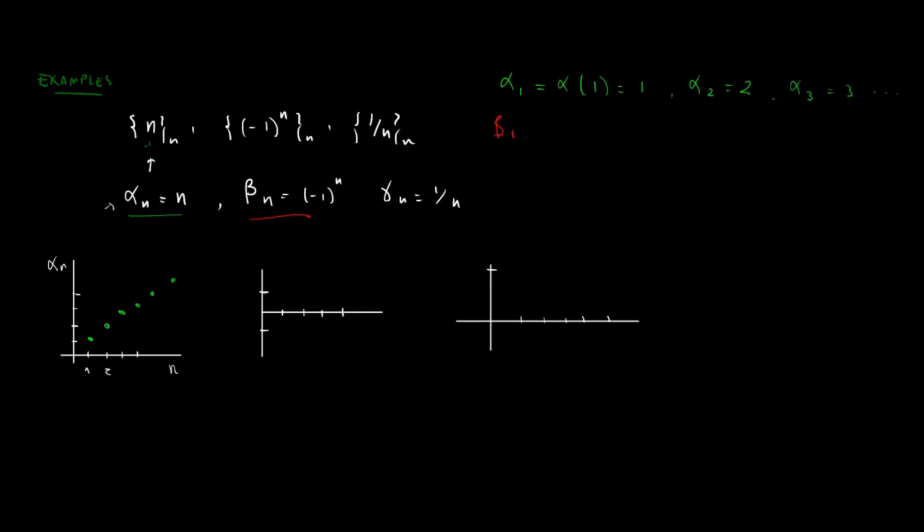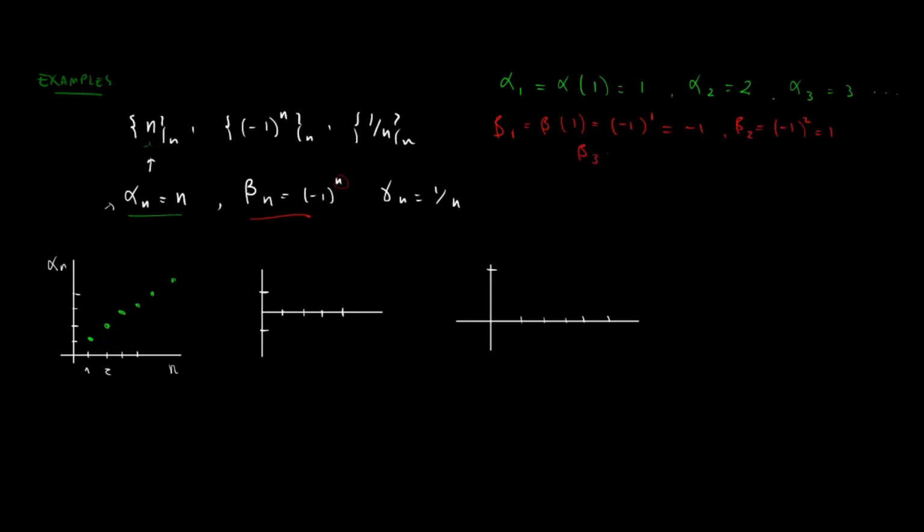Beta sub 1 is beta evaluated in 1. That is minus 1 to the power, instead of n, I have to use 1. And this is minus 1. Beta sub 2 is going to be minus 1 to the power 2, and this is 1.